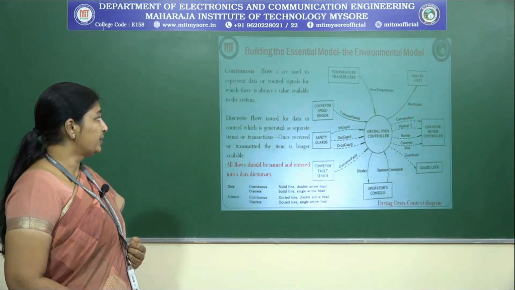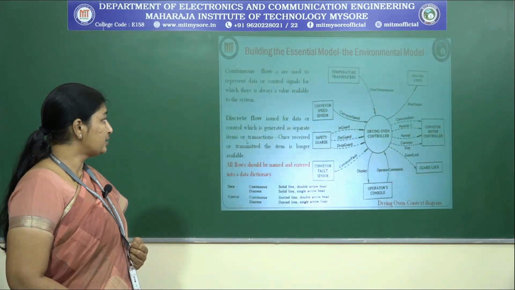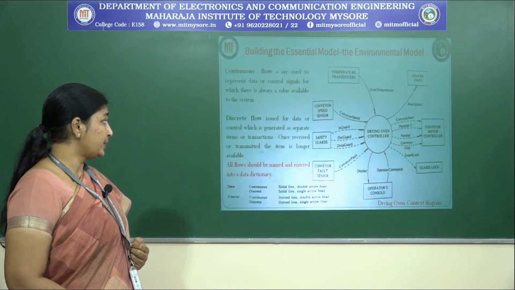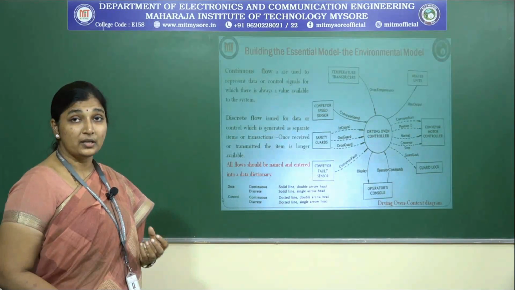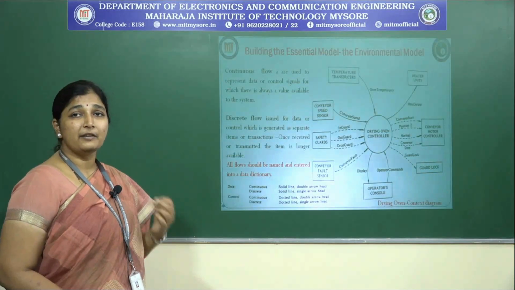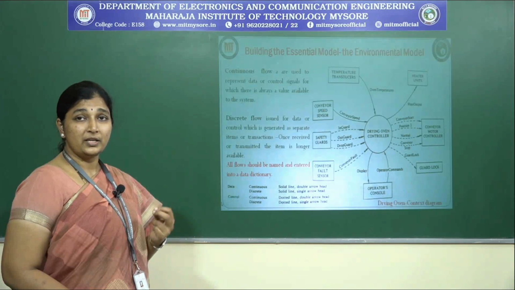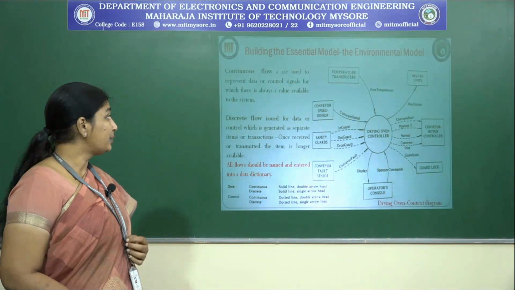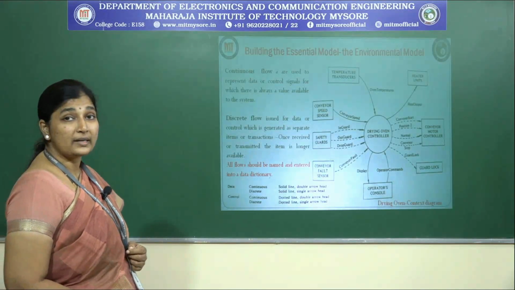A discrete flow is used for data or control which is generated as separate items or transactions. Once received or transmitted, the item is no longer available. Which means it is not continuous, it is discrete and available only at that instant of time. Once it has been transmitted or received, you will not be able to get the same signal back. Okay, that becomes your discrete flow, and hence it is represented as a dotted line.